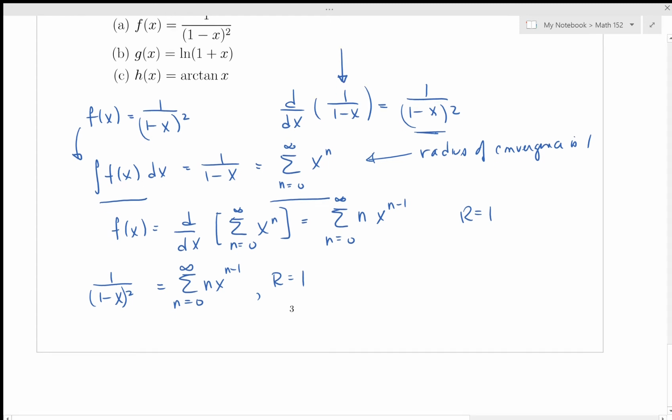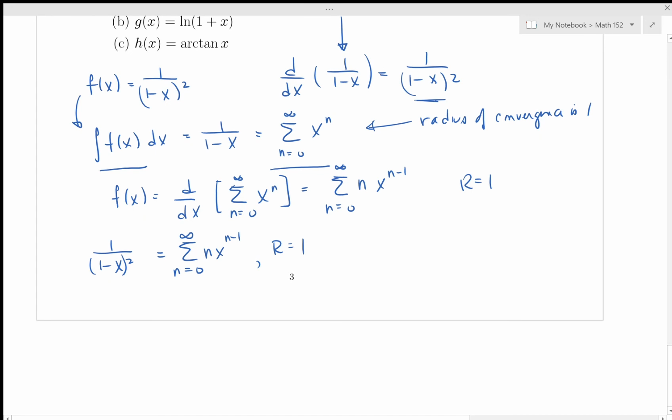Let me just, as sort of an aside here, imagine I pick some value of x like, I don't know, a half or something like that. Let me put x equals a half on this side. This would look like the sum from n equals 0 to infinity of n times 1/2 to the n minus 1. When n is 0, this thing is 0.